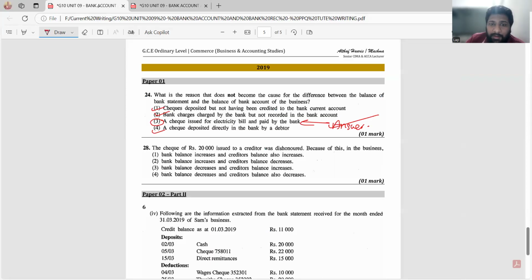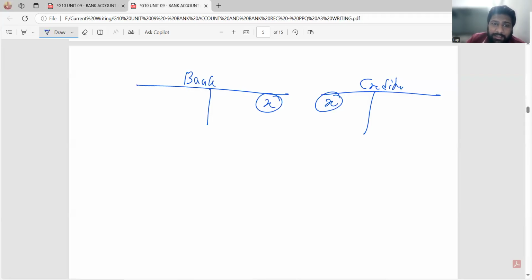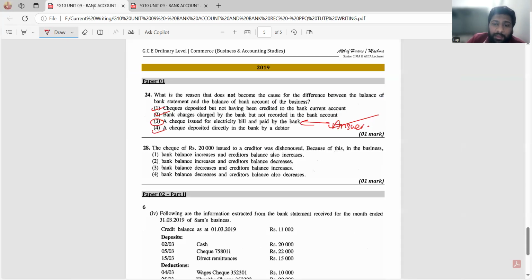Now what has happened? This check got dishonored. So ideally, we have to put it to the debit side here, and take it to the credit side there. Now let's read the requirement of this question. Because of this, in the business, bank balance increases and creditor balance also increases.